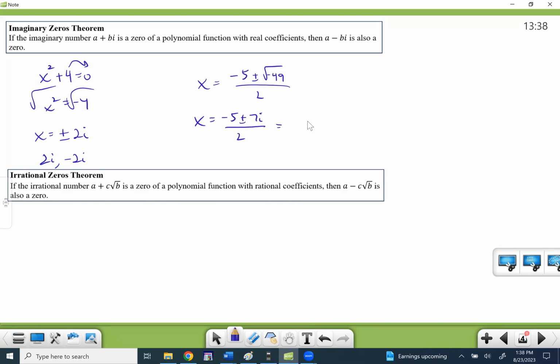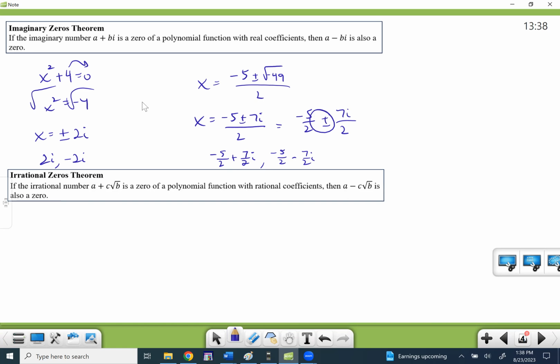So what this is, if we split it up, is -5 over 2 plus or minus 7i over 2. So notice we can't get -5 over 2 plus 7/2 i without also getting -5 over 2 minus 7/2 i because of the plus or minus in the quadratic formula.